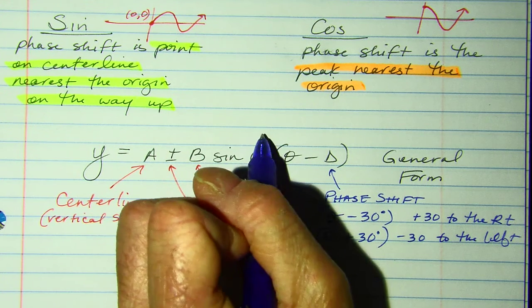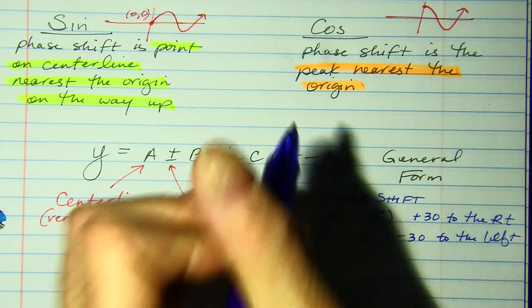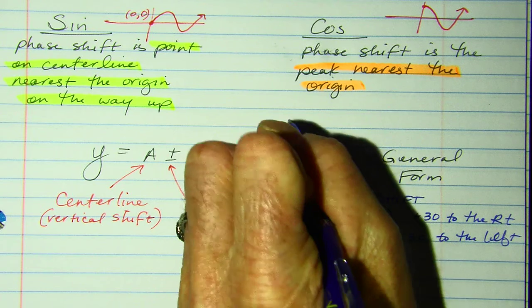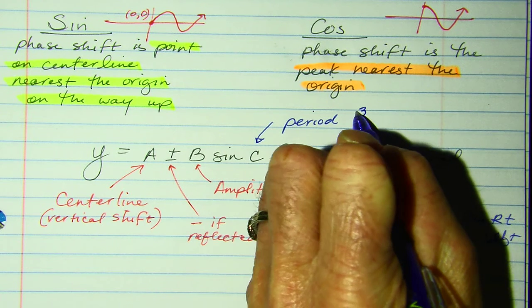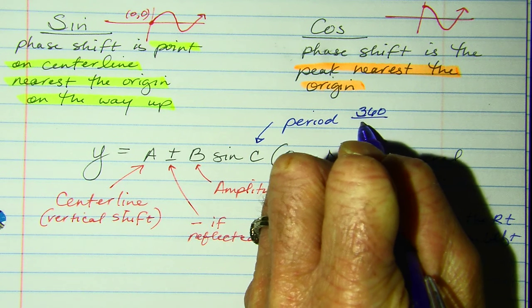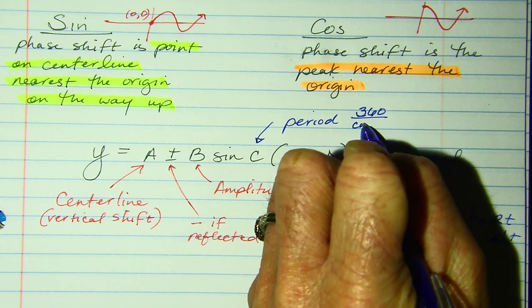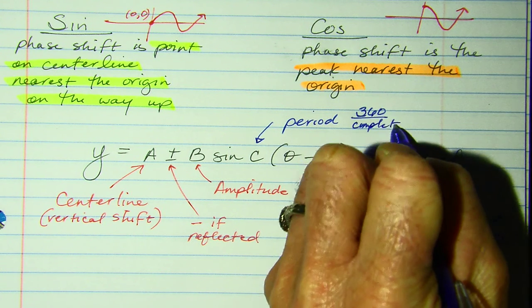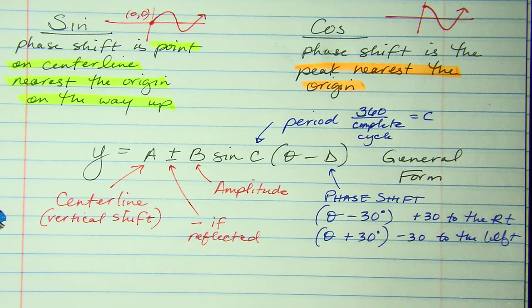The second piece we're going to go over, and that's in 57.b, is period, but we're going to leave that for now. But this does represent our period coefficient. So it's 360 divided by this, the complete cycle, equals c, or it would be in radians, which would be 2 pi.